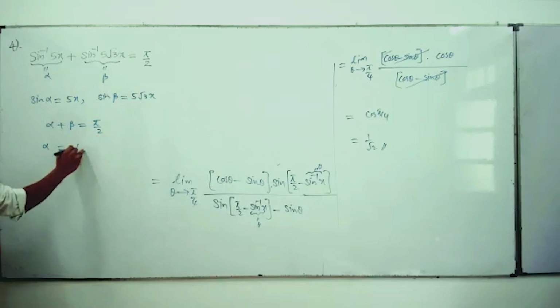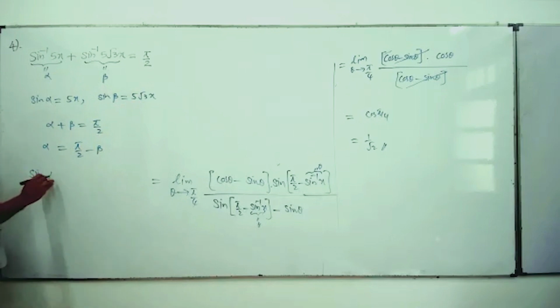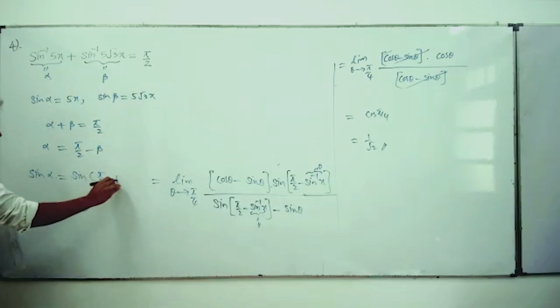Take this beta to the right hand side, pi by 2 minus beta. Then take sin on both sides. Sin alpha equals sin of pi by 2 minus beta.